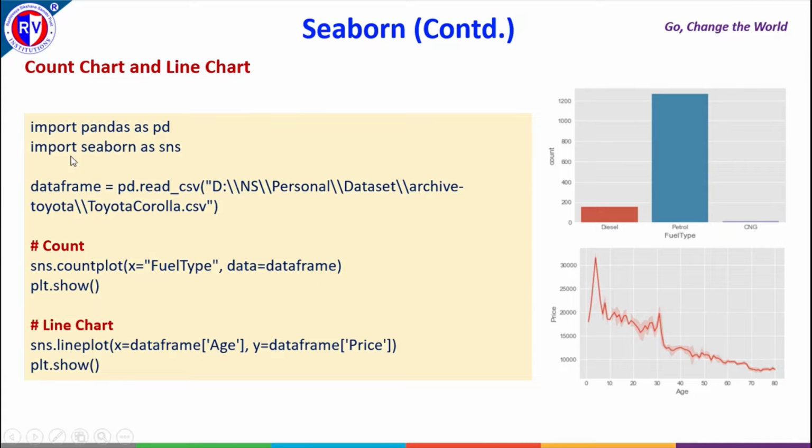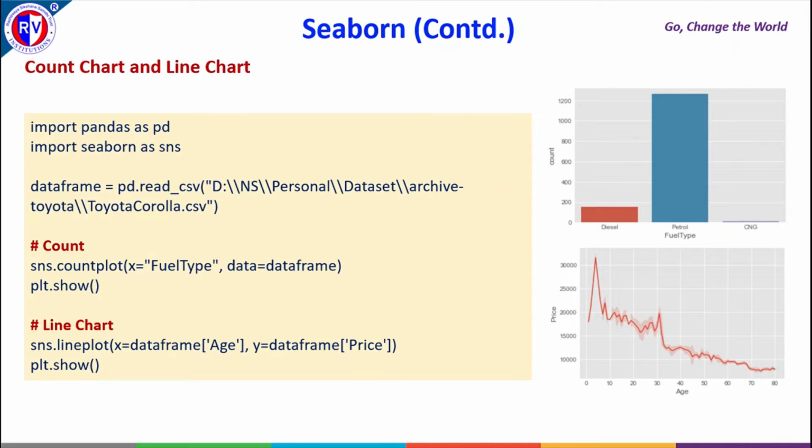And for the compiler, we should tell from where we have to take the data. For that we have a variable called data, which is equal to data frame, which means that data is going to fetch the data from the data frame. And next we have a line chart. Here line chart is going to plot the data points in terms of lines.